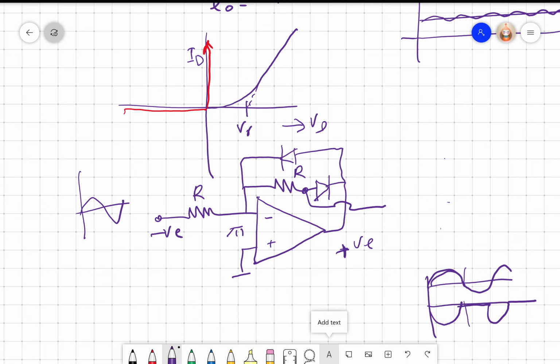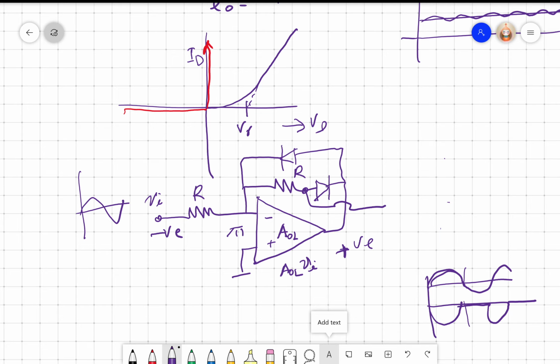Now, if the open loop gain of this op amp is AOL, A open loop, the moment I have a small input voltage, the output will become A times the input, right?